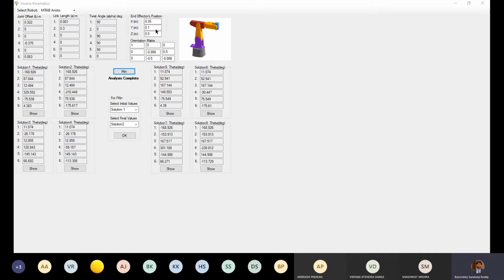There are 2 sets for theta 1, 2 for theta 3, and theta 2 actually depends on theta 3. So there are 4 possible values for theta 2 then.